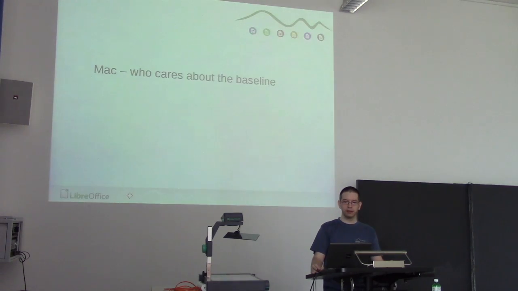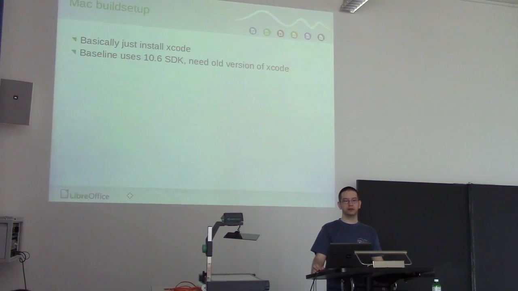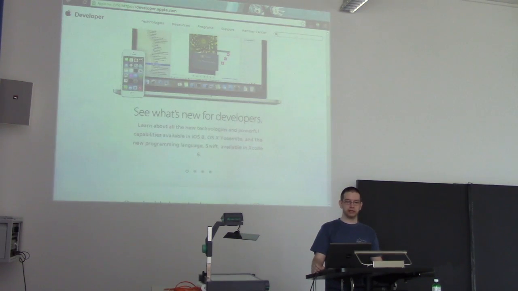So, next, for example, is the Mac build. It's also pretty easy if you don't care about doing the builds that the TDF does. In other words, if you don't care about the baseline, then it's just downloading the Xcode version. But in case you want to do builds that run on 10.6, you would need to sign up for an account at the developer.apple.com site.